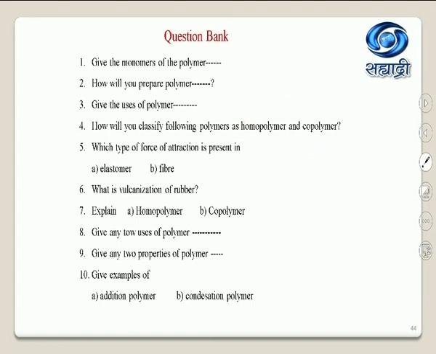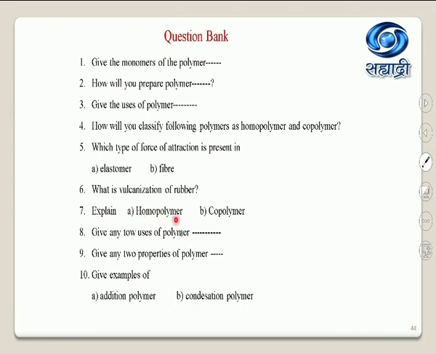Now the next question may be asked, which type of force of attraction is present in elastomer and fiber? There is a separate classification for this category. Then what is vulcanization of rubber? That means you have to mention the vulcanization process and which compounds can be used for vulcanization of rubber.